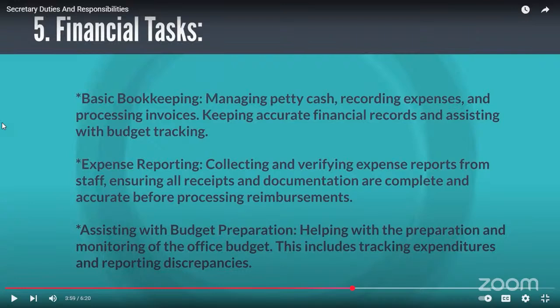Recording expenses, this is not the recording which we do for Zoom recording or audio recording. This is record keeping, like keeping a record, a kind of backup or proof of something which has happened, which is expenses, like how much amount we had and how much the spending had been. Let's suppose the petty cash was 100,000, 1 lakh, with the secretary, and the purchases at the end of the month had been 20,000.